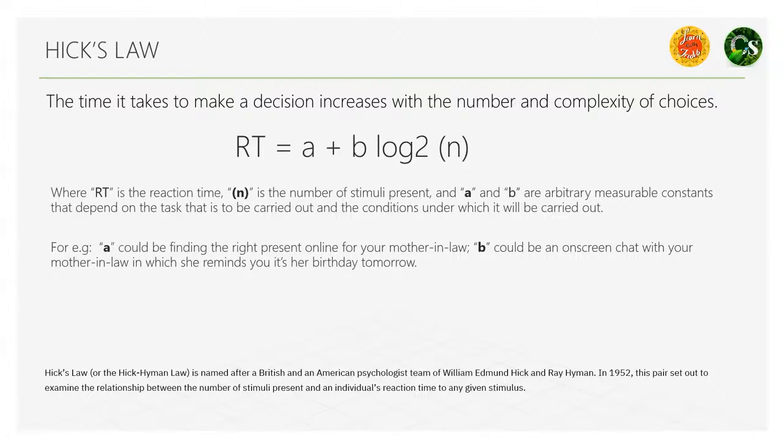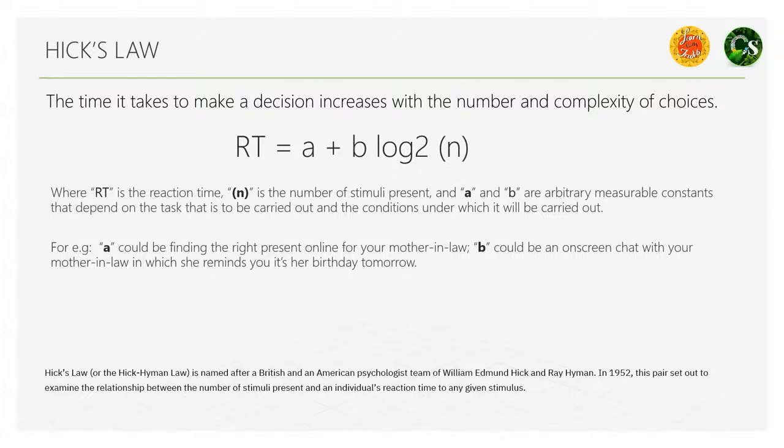Now let us understand this mathematical equation. RT = A + B log2(N), a function of N, where RT is the reaction time, N is the number of stimuli present, the number of options present, and A and B are arbitrary measurable constants that depend on the task to be carried out and the conditions under which it can be carried out.